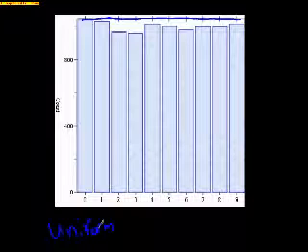So I'd say this is approximately uniform or about uniform. But this is uniform because all of the bars or all of the data categories are all the same height.